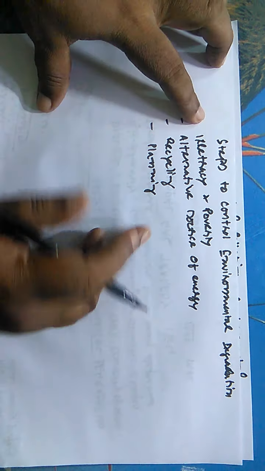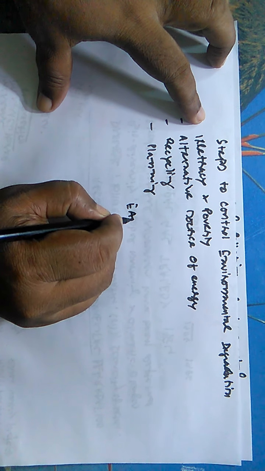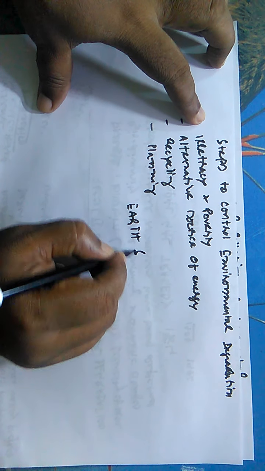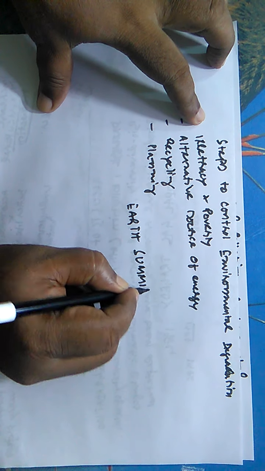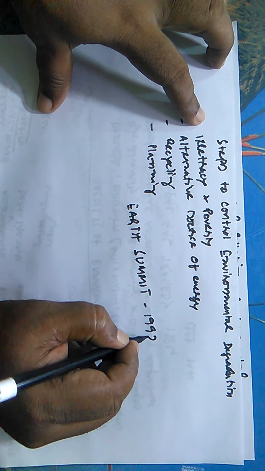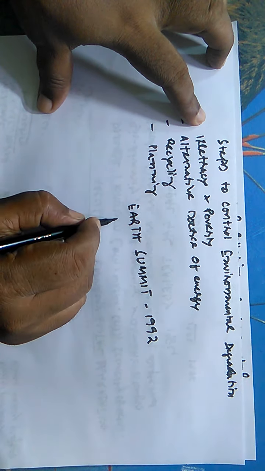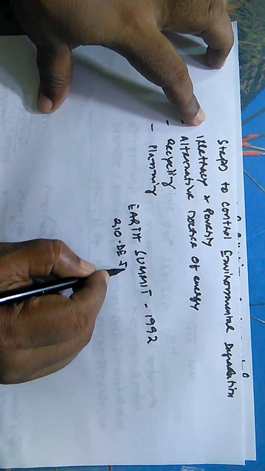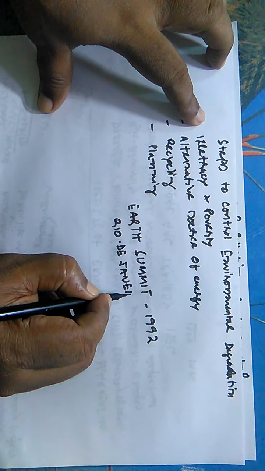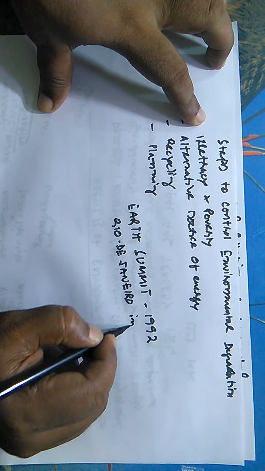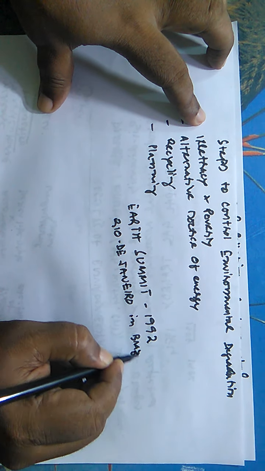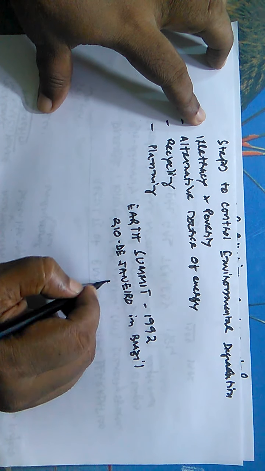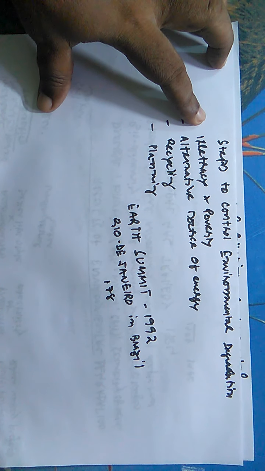In this context, an Earth Summit was held. The first Earth Summit was held in 1992 at Rio de Janeiro in Brazil, where almost 178 countries attended.